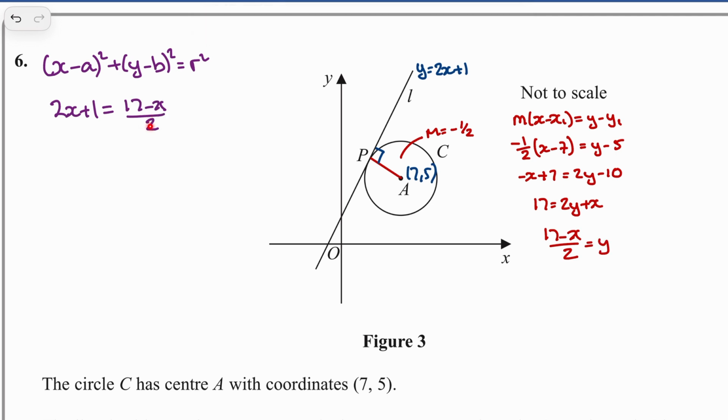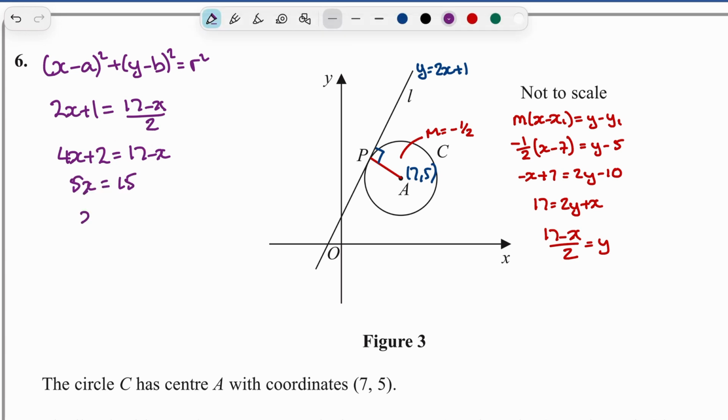Now we can move this 2 to the left-hand side and expand out the brackets. And then I'll move the negative x over to here and the 2 to the other side. So x will equal 3. And if x equals 3, we've got y = 2x + 1 as the equation of the line. So therefore, y will equal 7.